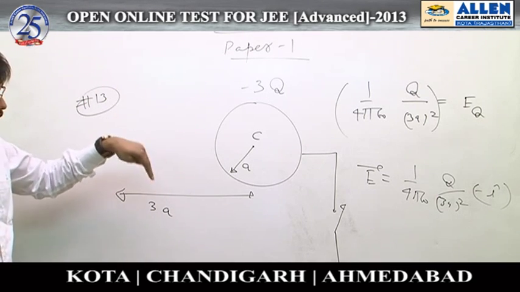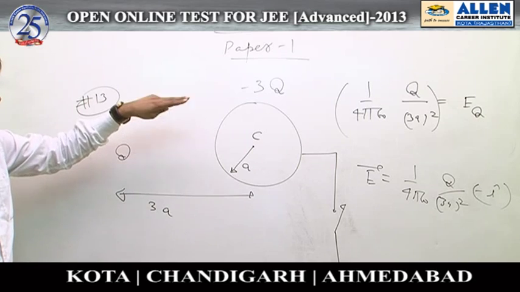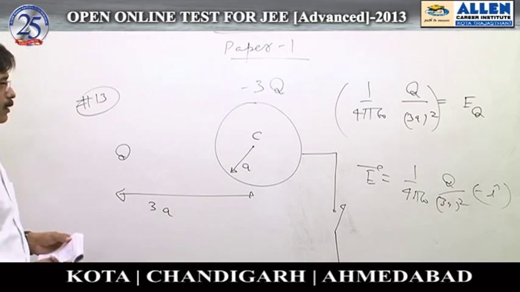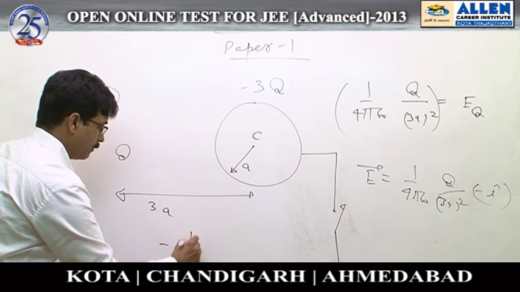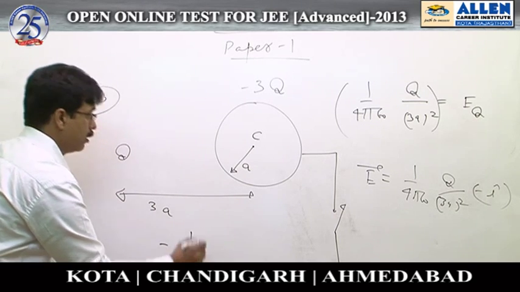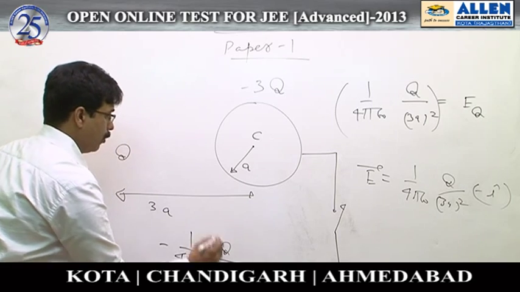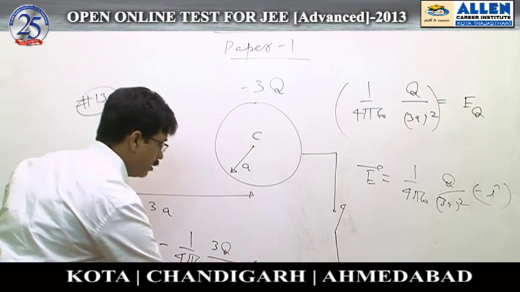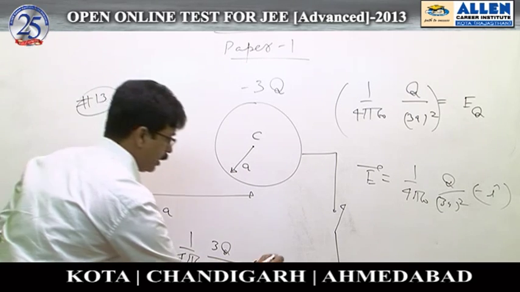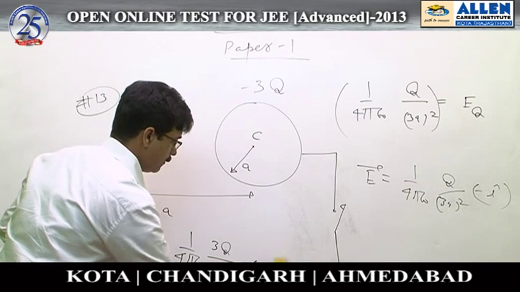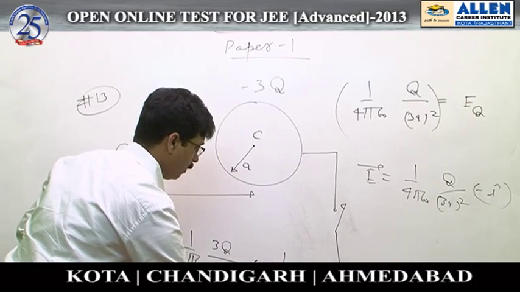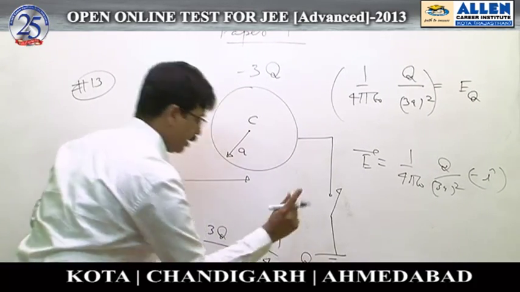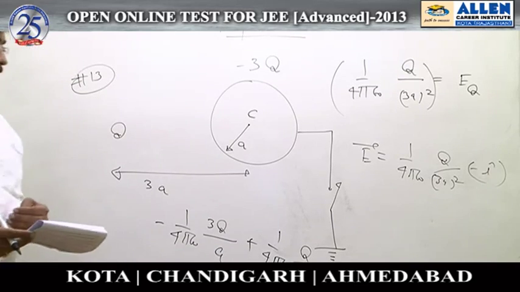But since the additional induced charges that appear make zero resultant potential here, the net potential at this point will be minus 1 upon 4 pi epsilon naught 3Q upon a, which is due to this charge, plus the potential of this charge, which is 1 upon 4 pi epsilon naught Q upon 3a, which makes option B correct.